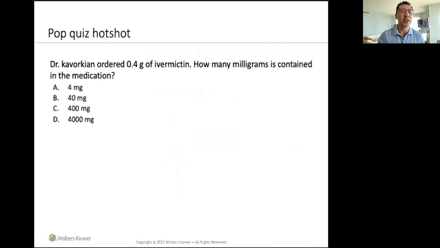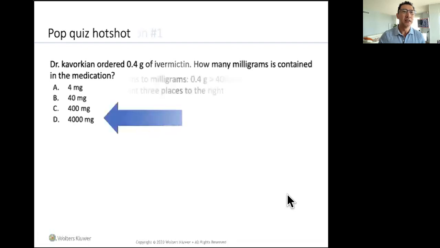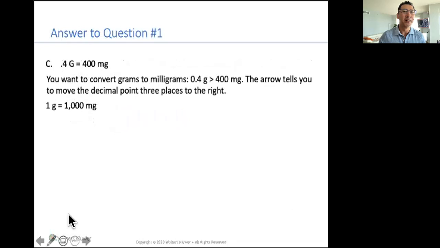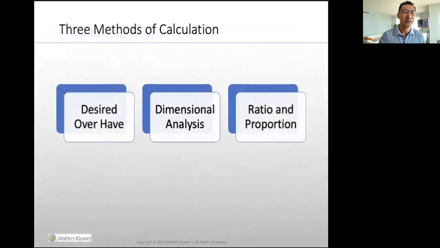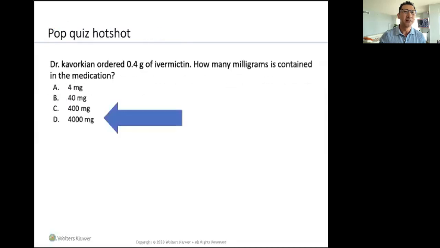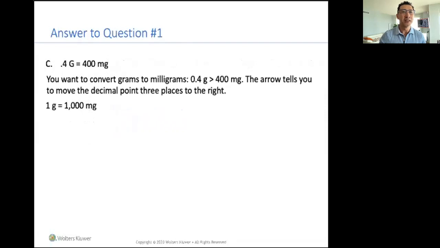I think it's 40 because I don't remember. 4,000 milligrams. 1, 2, 3. Oh, wait. No, it's 400. I put the arrow in wrong. Ooh, now it's screwed up. All right, I'll put the arrow. It's 400, because we're moving the decimal 3 places to the right.